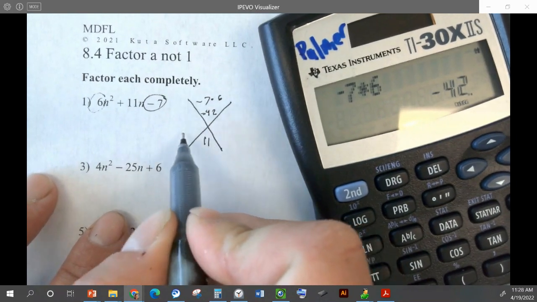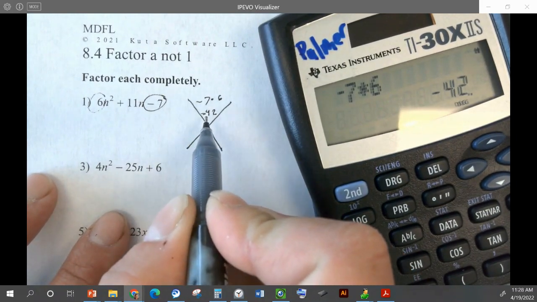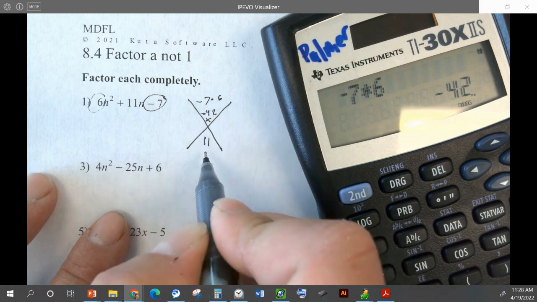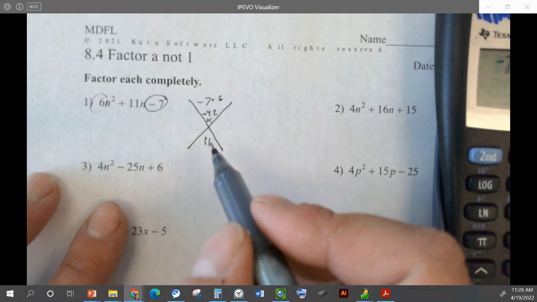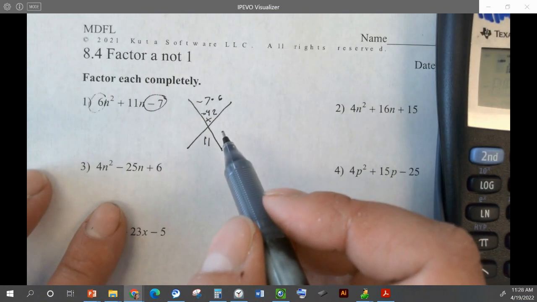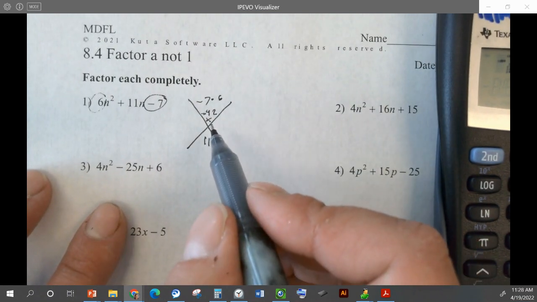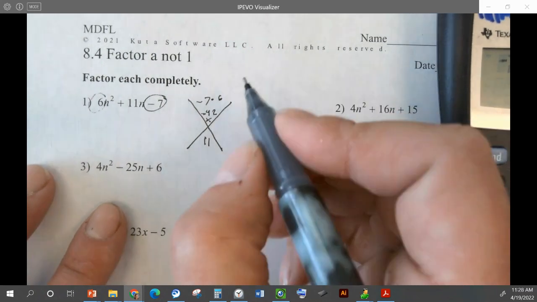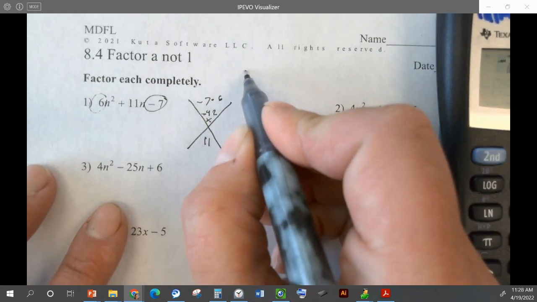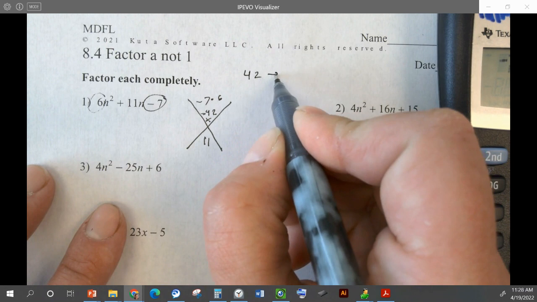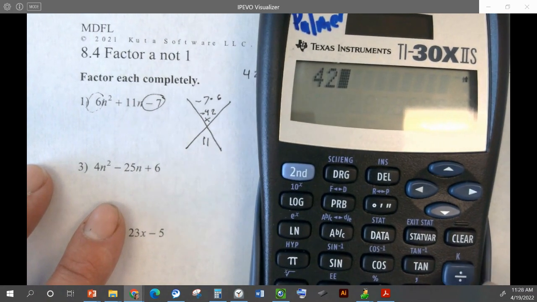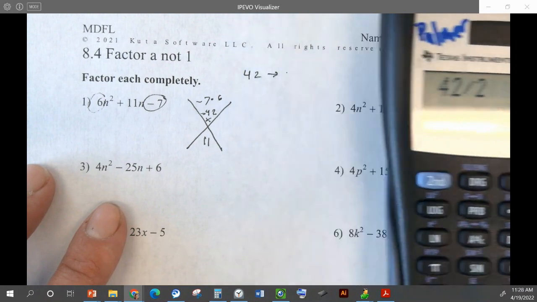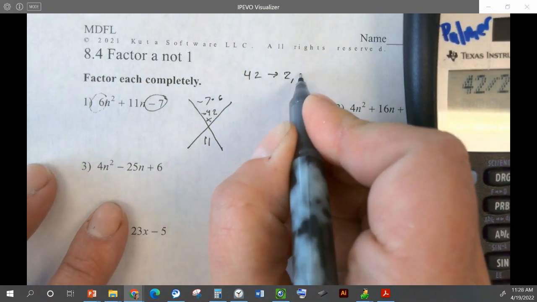And we need factors that multiply to give us -42 and add to give us 11. So can anyone think of any factors that will do that? And if we can't, then we can just list all the factors of 42. So 42 divided by 2 gives us 21. So 2 and 21.